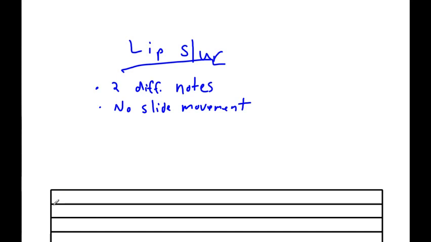So the slide doesn't move in a lip slur. And thirdly, no tongue. No tongue at all is used in a lip slur. It's just the embouchure and the air. Use of the embouchure and use of the air to change the pitch.